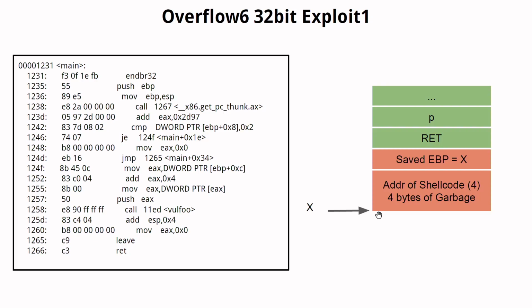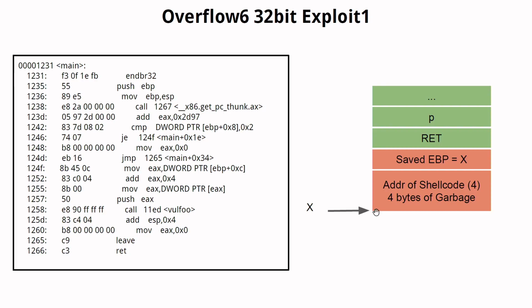Okay. So how does this work? When the main function returns, the main function will not think its own saved EBP or its EBP points to somewhere here. It's supposed to be somewhere here, but it will not think that way. It will think its EBP will point to here.